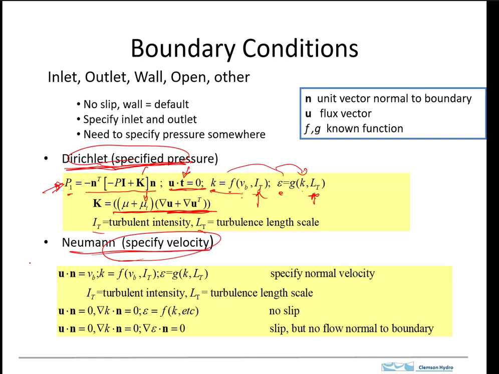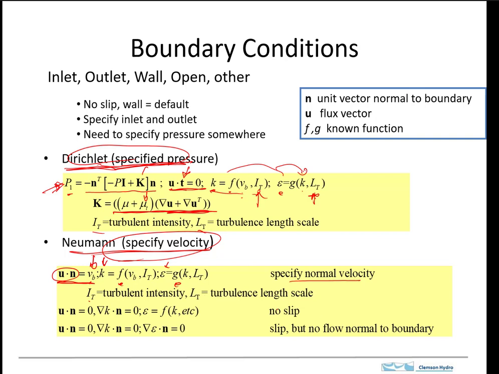When you specify the velocity, again, we can specify the velocity normal to the boundary, and you would specify that the velocity normal to the boundary is equal to some term that you give it. Then you have equations for K and epsilon as well, and these are functions that have a variety of terms in them, including the turbulence intensity and turbulence length scale.